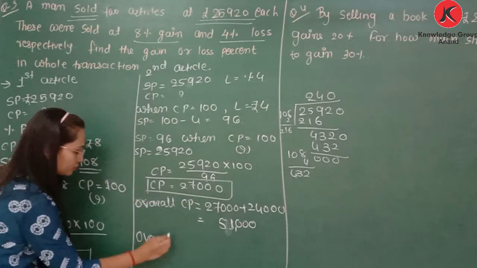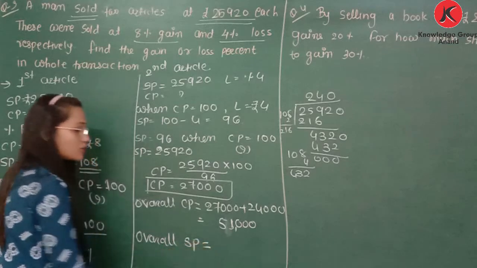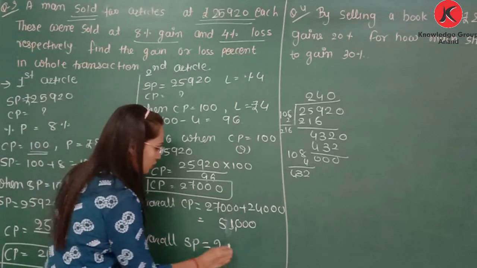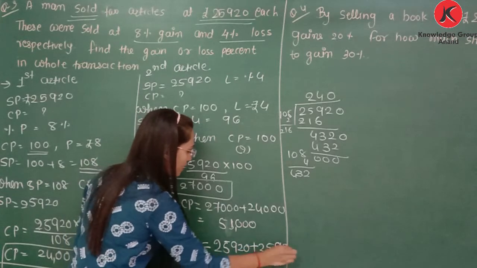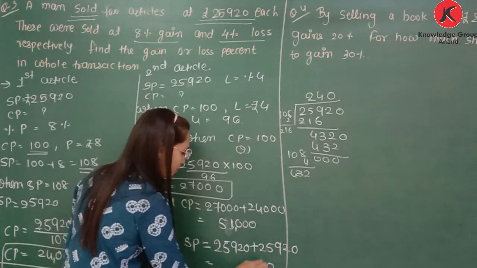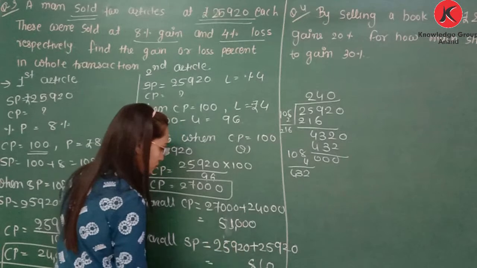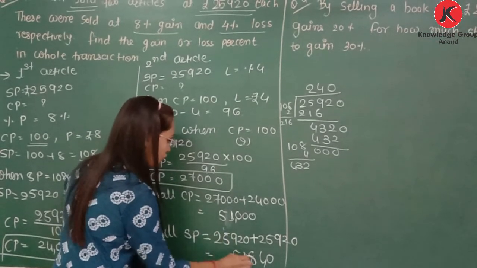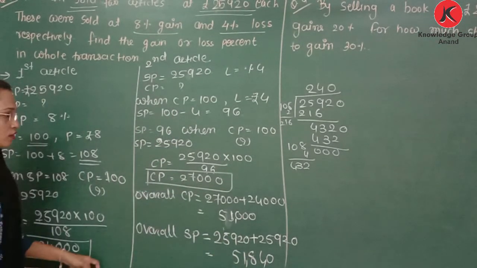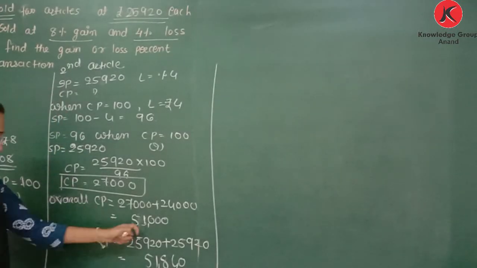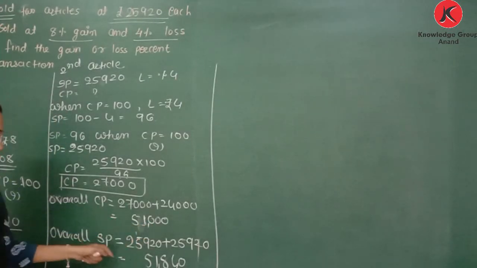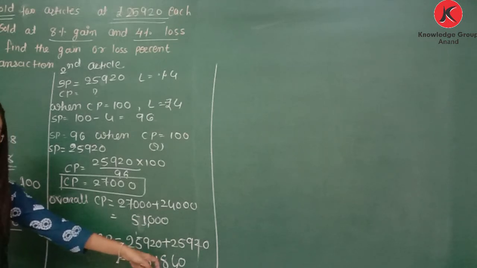Overall SP, selling price, is what? 25,920 plus 25,920. So we can find 51,840. So here we get overall cost price, that is 51,000, and overall SP is 51,840.